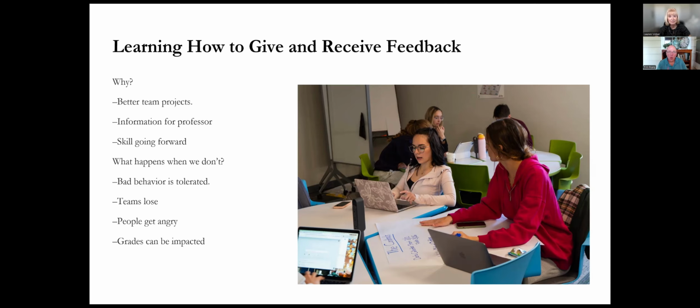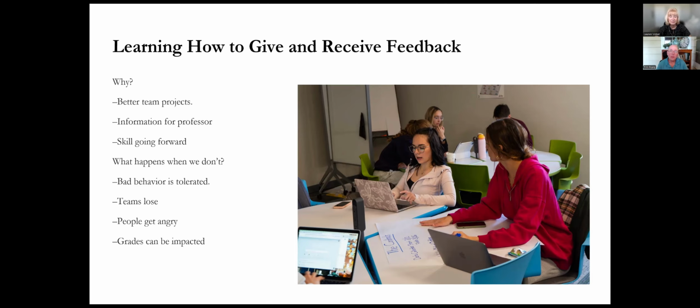They can't judge who does what. So this is really good information for your professor so they can see who's putting in more effort and maybe who needs to put in more. And number three is when you go forward in your career, you will be expected in many organizations to give peer evaluation feedback. 360-degree feedback is used often when you're in an organization. And so this is a skill that you'll have going forward.